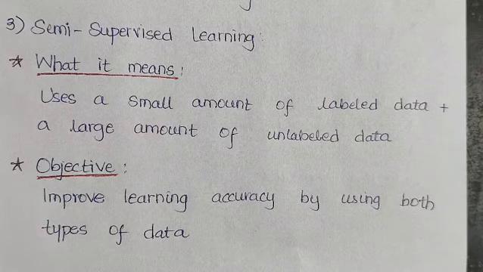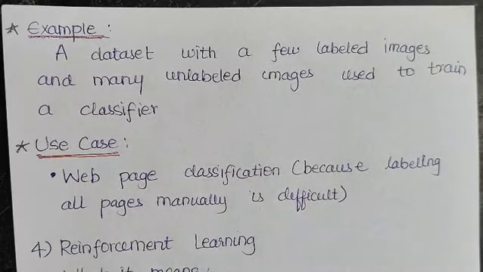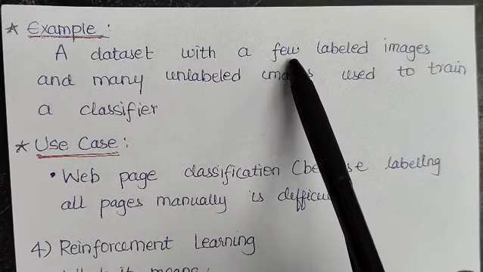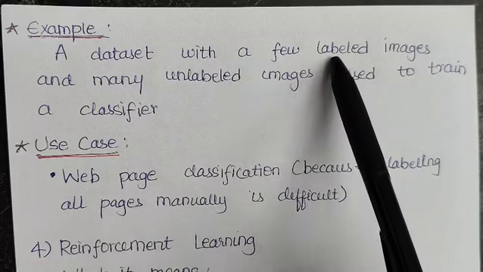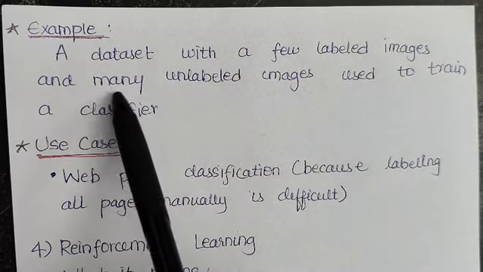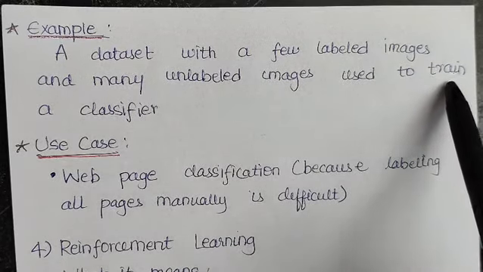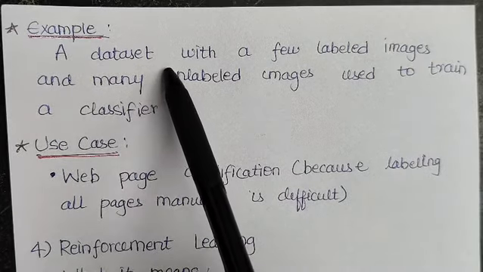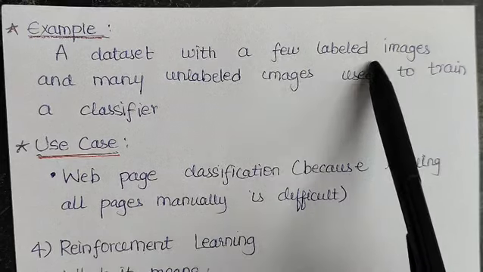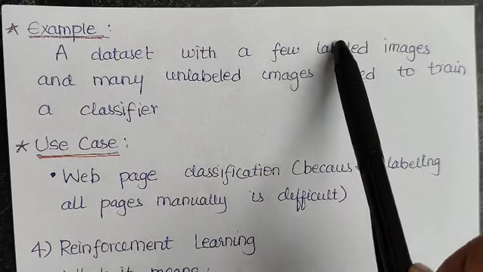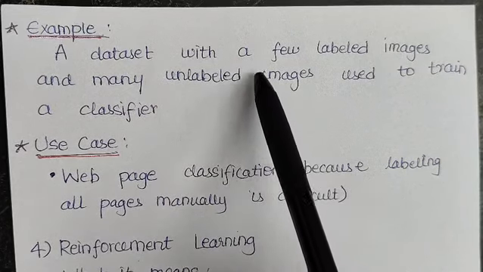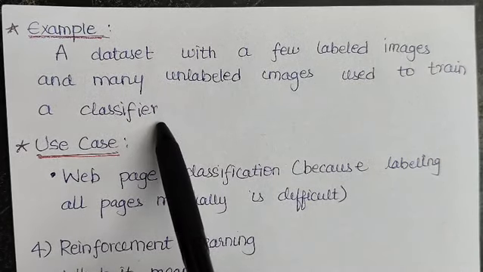An example of semi-supervised learning is a data set with a few labeled images and many unlabeled images used to train a classifier. The few labeled images mean input plus the correct output, and these both are used to train a classifier.